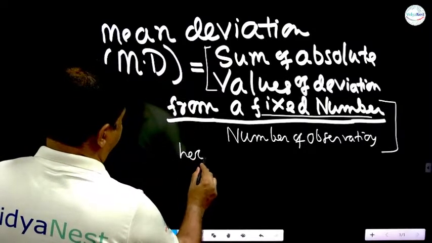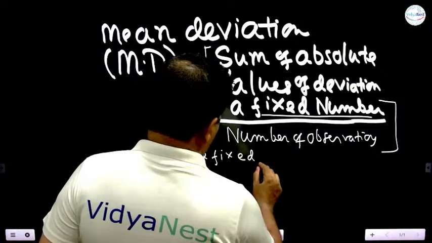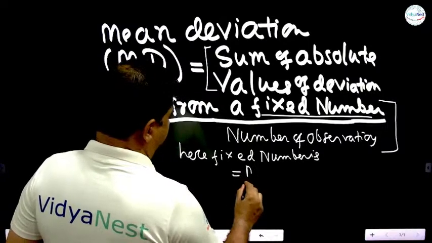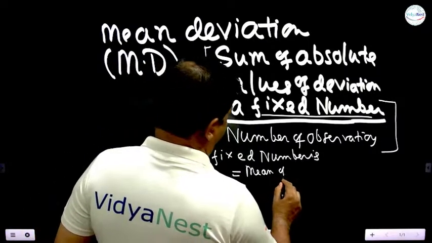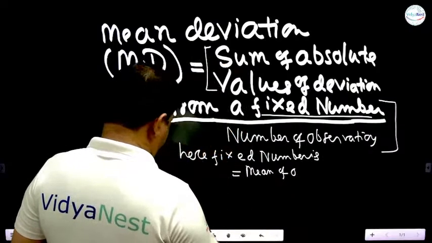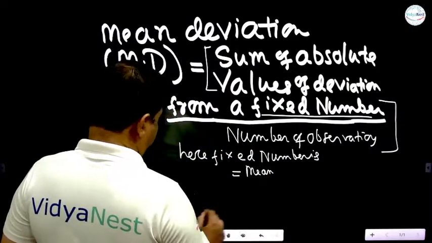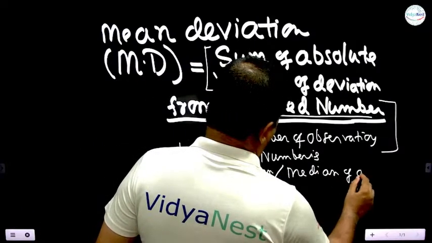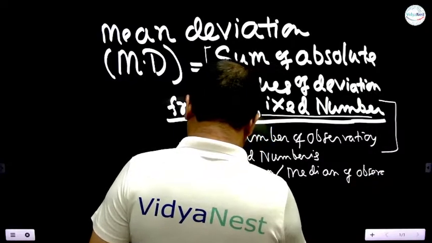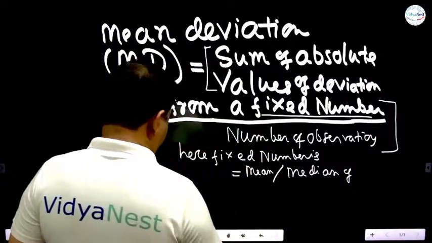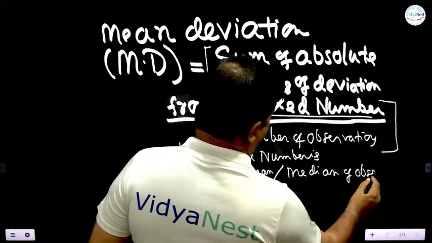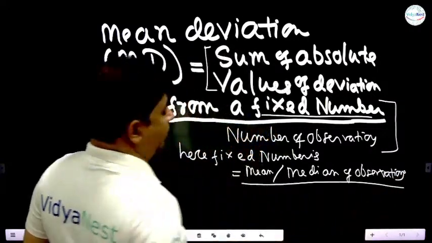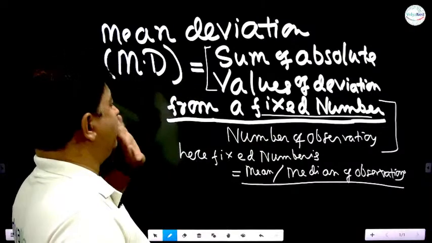Here, fixed number is mean or median of observations. That is called mean deviation.